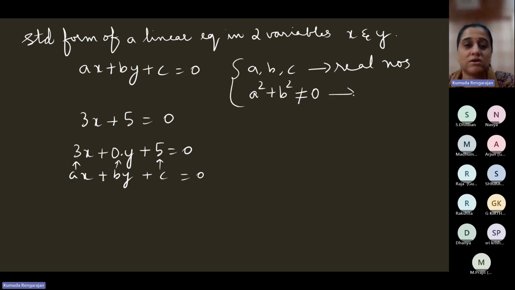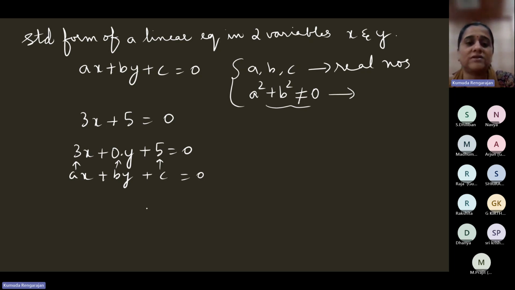Anyways, we are not going to go into this now. That's the meaning, which we've already discussed. So a square plus b square should not be equal to 0, meaning a and b should not be both 0 at the same time. So this is the standard form of a linear equation in two variables x and y.